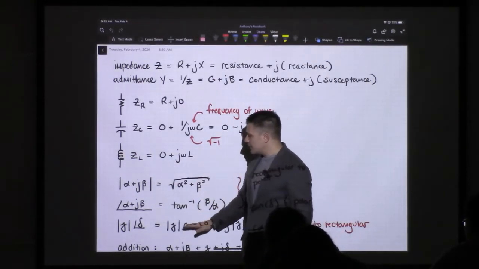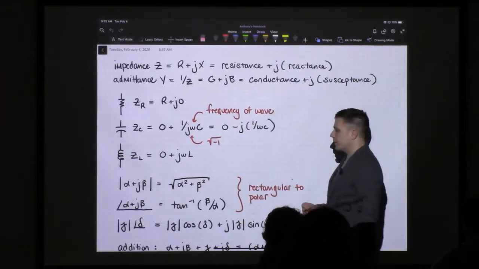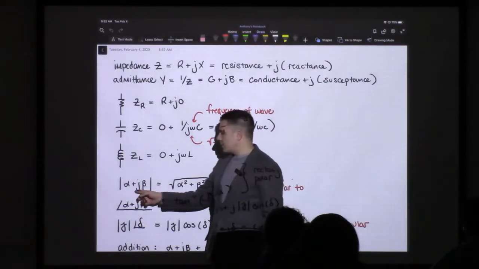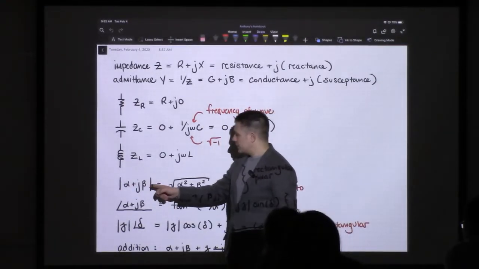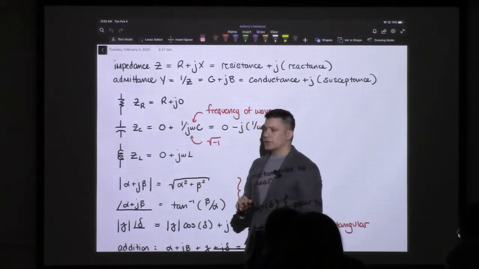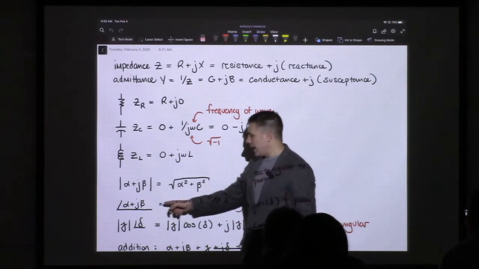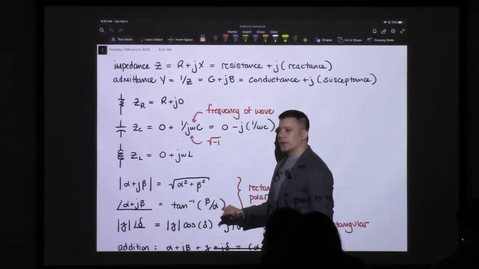These few lines talk about converting from rectangular to polar form. If you have something in rectangular form like this, for the magnitude we use Pythagoras' theorem, so it'll be the square root of the real portion squared plus the imaginary portion squared. The angle will be the inverse tangent of the imaginary over the real.